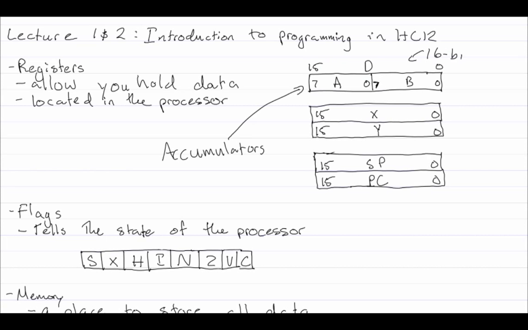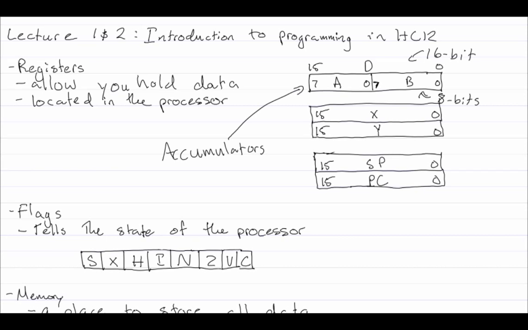I know it says 0 to 15, but that's because the first bit is named the 0 bit. The A and B registers are made up of 8 bits each. So if you want to store 16 bits, it gets stored into D. But if you're storing 8 bits, then the A and B registers are your best friends.